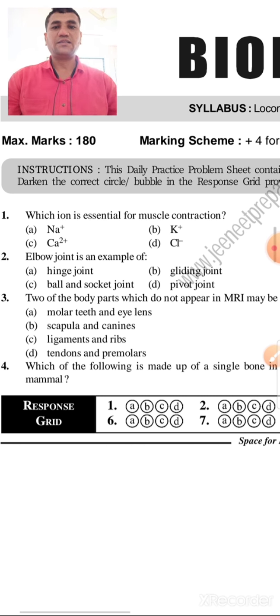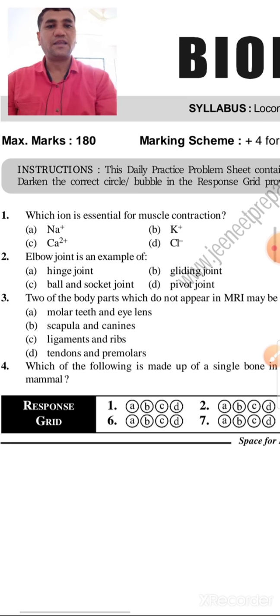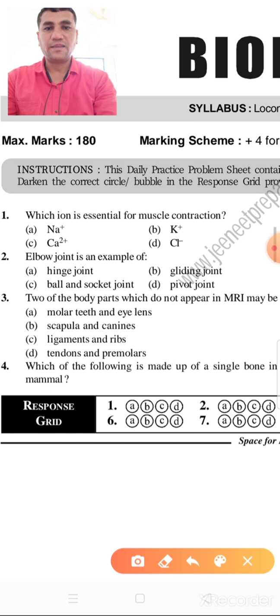So here the answer for this question is the calcium ions. For muscle contraction, the calcium ions are responsible for that functionality. Here the answer is calcium ion, C.